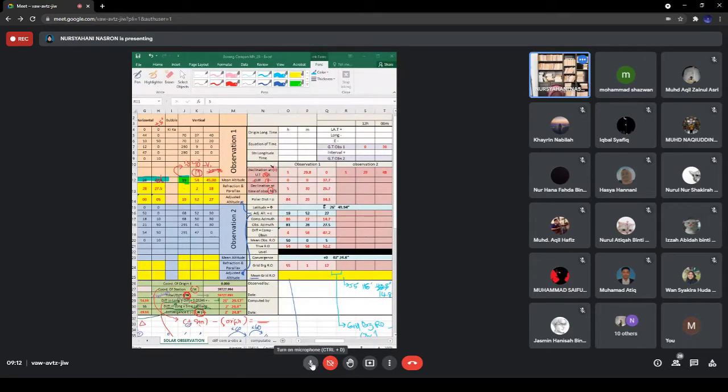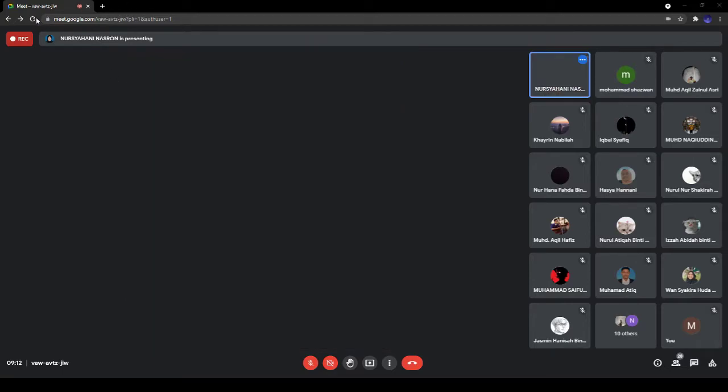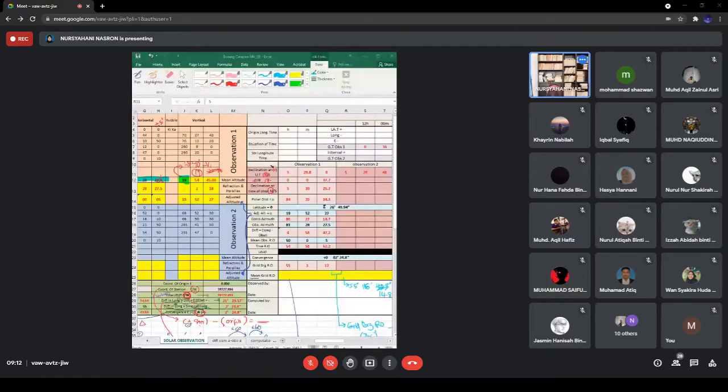Still request ke? Tak boleh nak type, boleh tengok je. Sekejap, saya setting balik. Saya dah set sebagai... oh ya, sorry. Okay, again. Saya dah buka setting dia dah. Cuba tengok.